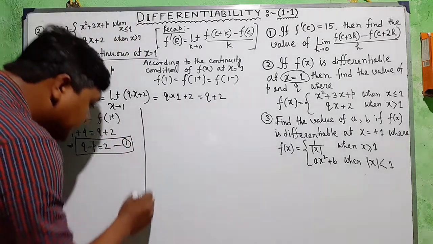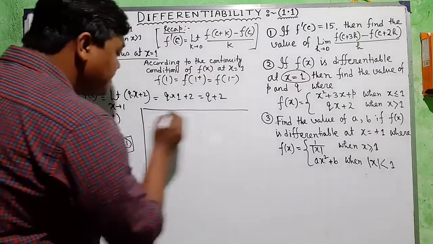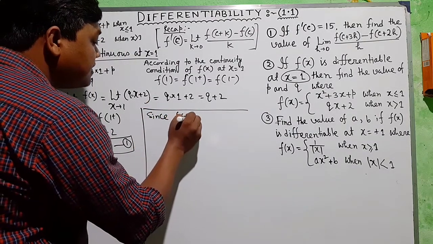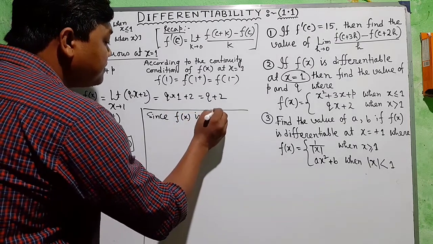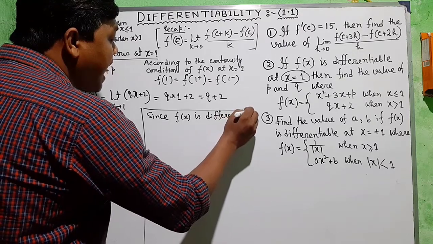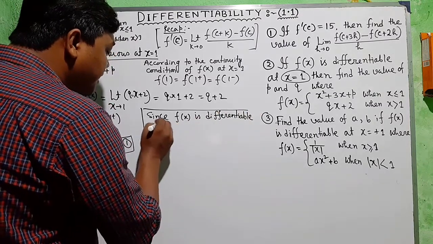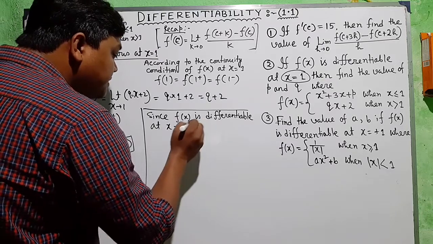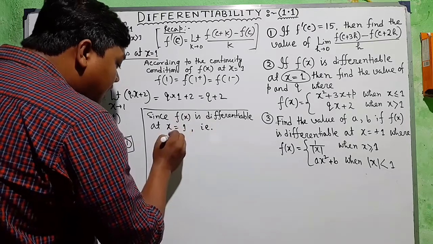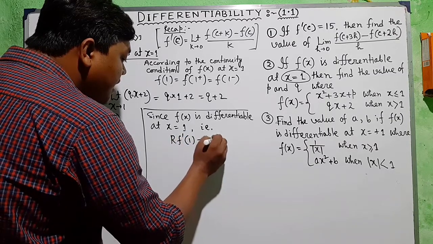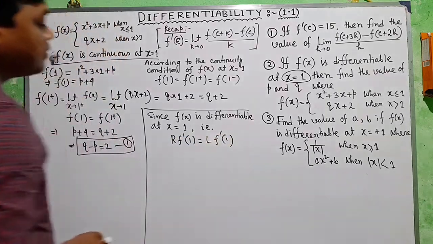And since f(x) is differentiable at x equals 1, that is the right derivative f'(1) equals the left derivative f'(1). Okay.